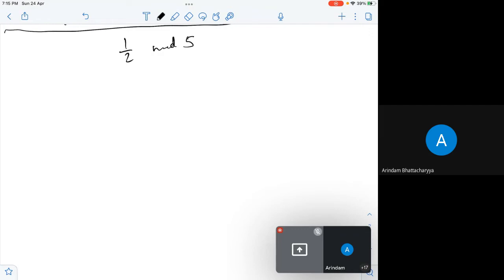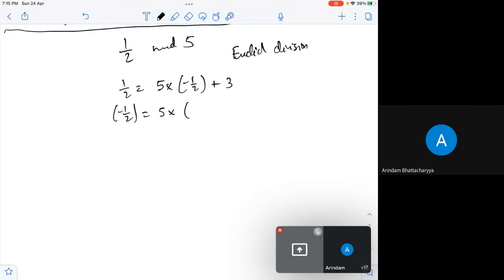I'll try to do Euclid division on half with 5. So half is, let's see, 5 times minus half plus 3. And then I get minus half is 5 times minus half plus 2.